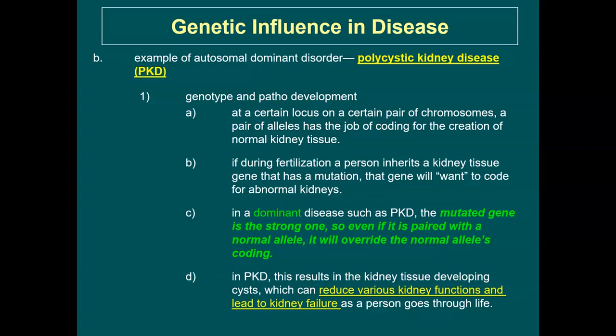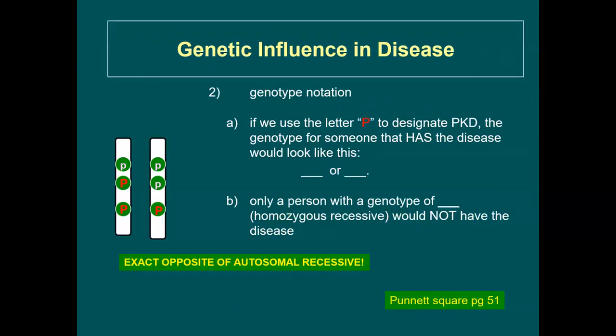And what will happen over time is as more and more cystic kidney cells or nephrons are produced, it will reduce the various kidney functions and can ultimately lead to kidney failure. Put a circle around this. Polycystic kidney disease will ultimately lead to an individual getting kidney failure because of this cystic formation of kidney cells.